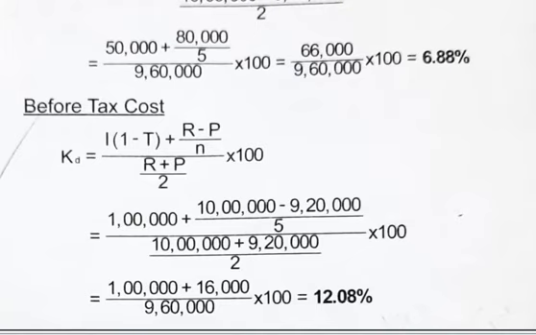If it is after tax, include 1 minus t in the formula. If it is before tax, then exclude 1 minus t. Don't take 1 minus t in the calculation. Okay, so these two you will get.